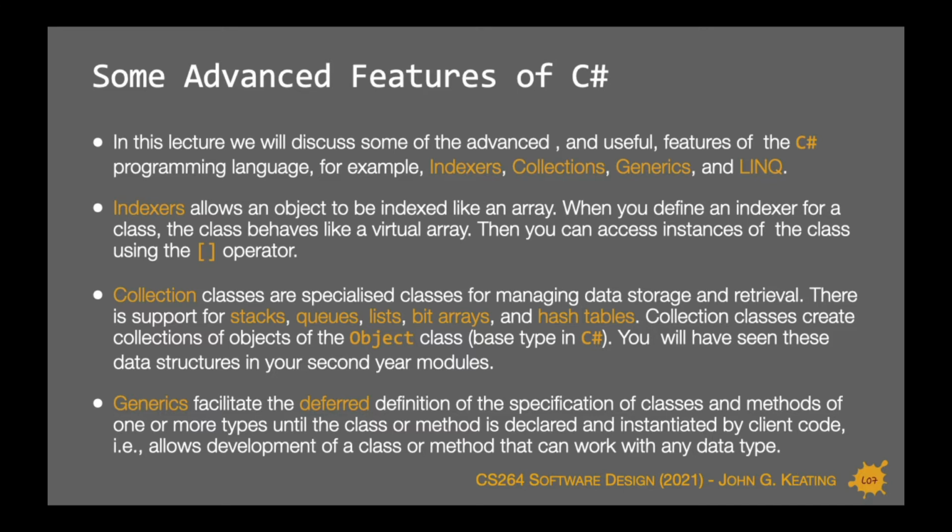You look at the data you have to manipulate, and think, yeah, that could be represented as a list, or a hash table, or a queue, a bit array, okay? All of these things. These data structures are called collections, and they are classes, extensions of the object class, which is the base type in C#. They're available, so you don't have to rewrite any of these things. Use them. Make life easy for you.